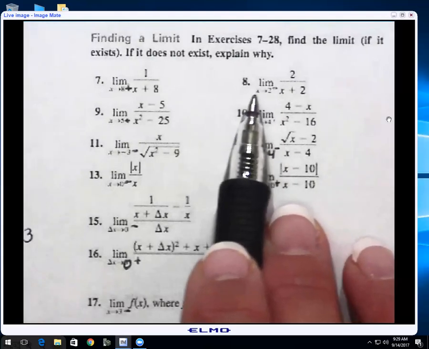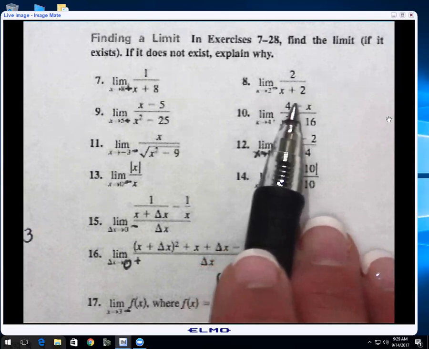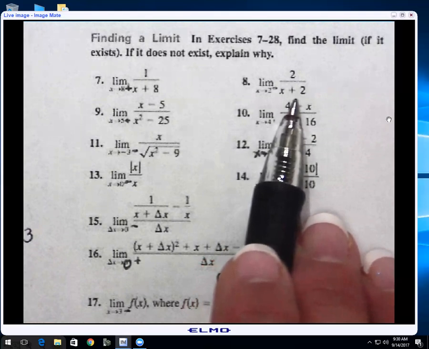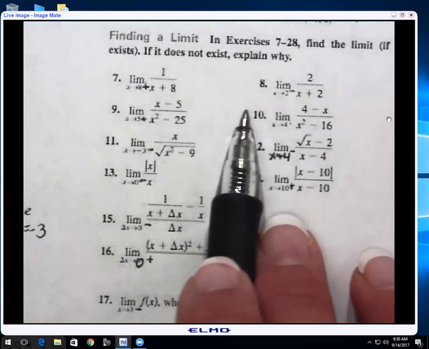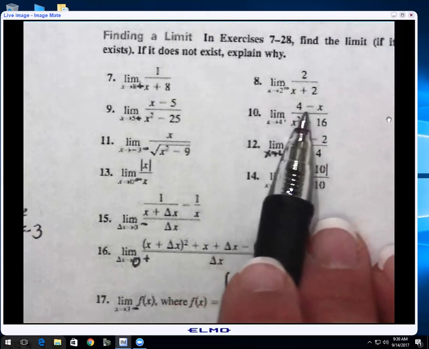So as x approaches 2 from the left, you can evaluate that two-sided limit at x equals 2 by direct substitution. You just put in a 2 and you get 2/4 or 1/2. If the two-sided limit is 1/2, then the one-sided limit is automatically 1/2. So the answer to number 8 is just 1/2.